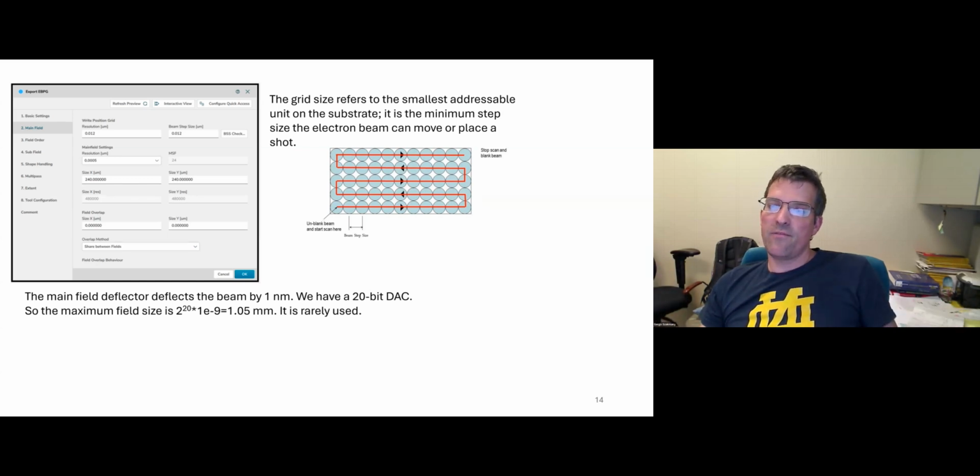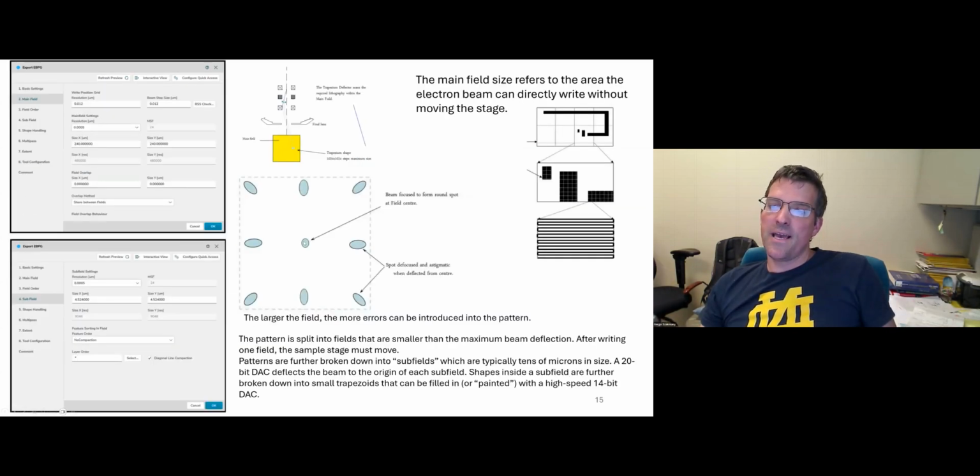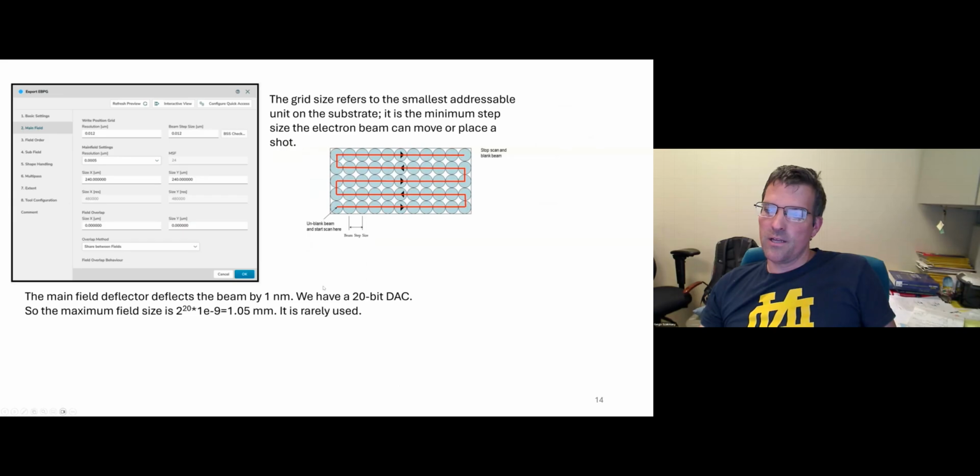Now, the larger the main field, the larger the exposure distortion you can actually get. So consider that, let's say, in our electron beam lithography system, we have a 20-bit DAC, and each main field deflector step moves the beam by 1 nanometer. So altogether, we can move the beam over a 1.05 millimeter area.